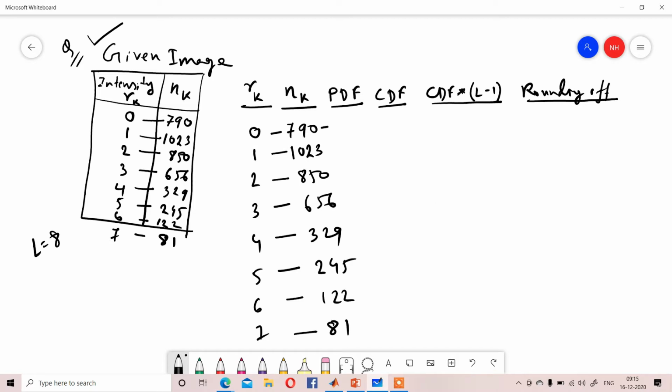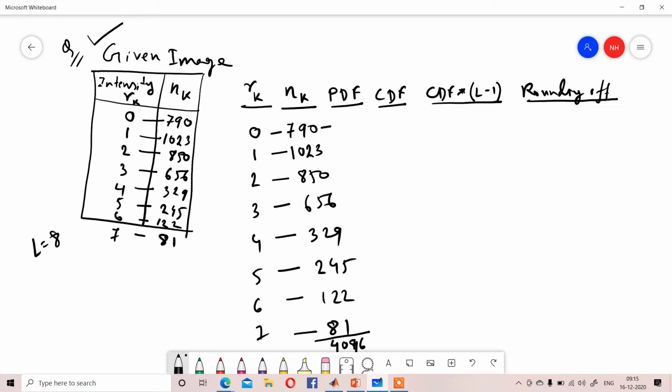If you are not getting it, just ask me a question, okay? So with respect to that, what will be your PDF? PDF will be based on the total frequency. If we add up all the values, the total will be about 4096. Whatever, 4076 or 4096, just add up all the values and you will get the result.